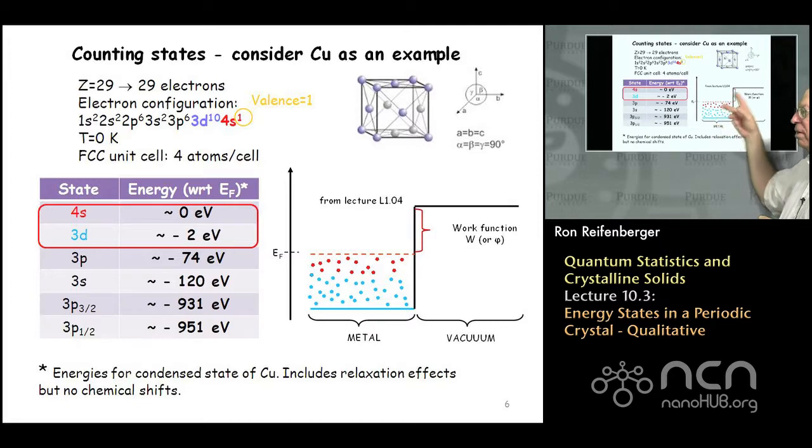This picture of a metal, which we first introduced way back in the first week of the semester, you can now start to understand how it comes about. It comes about because these two states, the 3d and the 4s states, are reorganized when you bring the copper atoms together to form this crystalline structure.